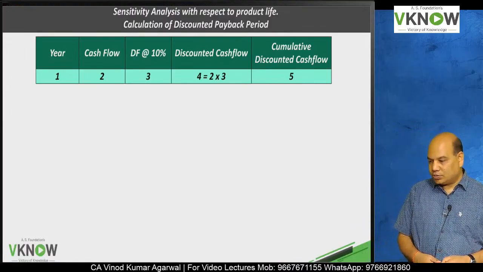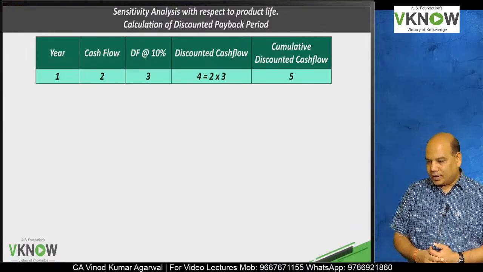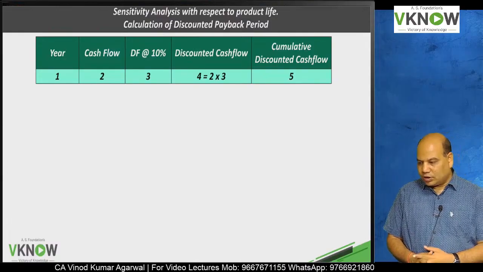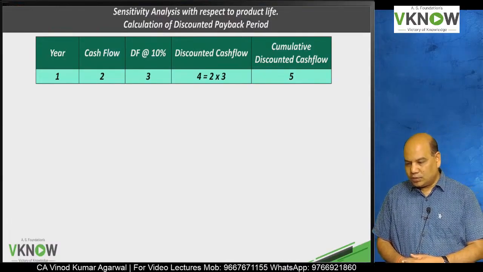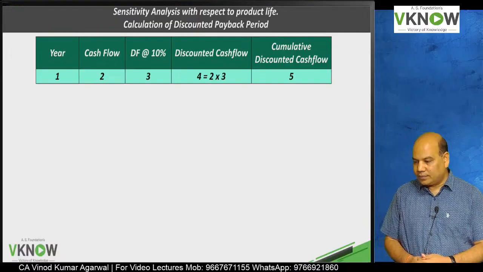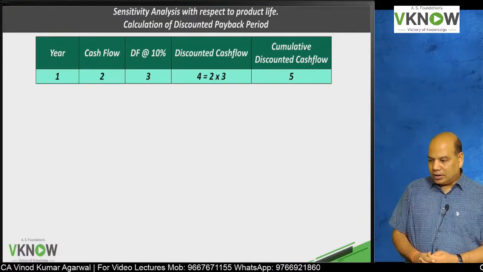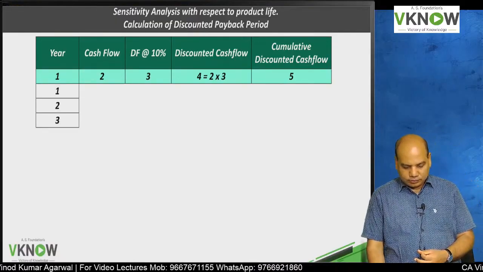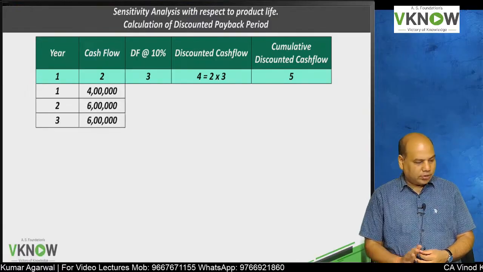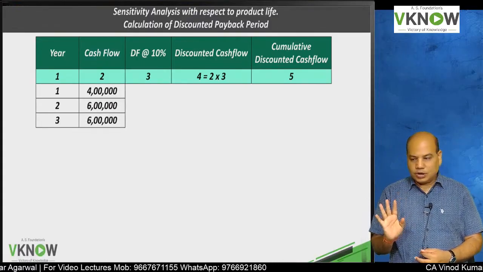These are column numbers 1, 2, 3. Column 4 is 2 into 3, and then 5. And you will solve year 1, 2, 3 only. 3 years are there.